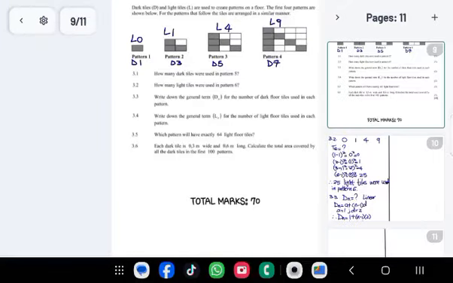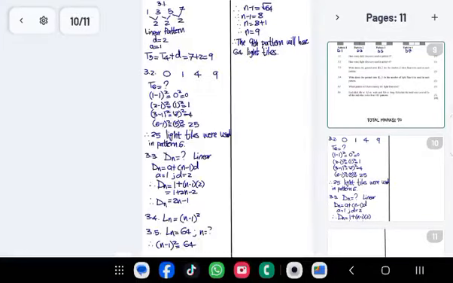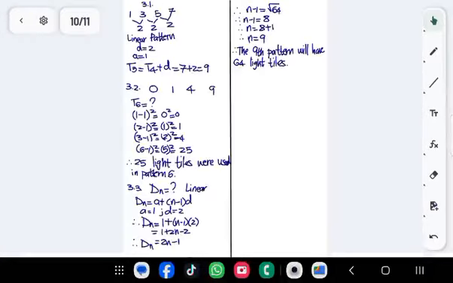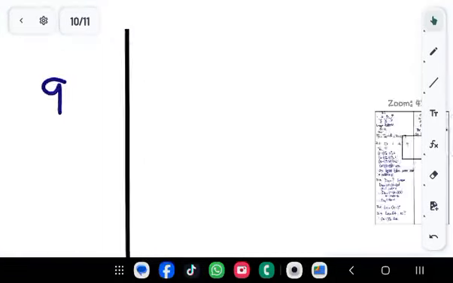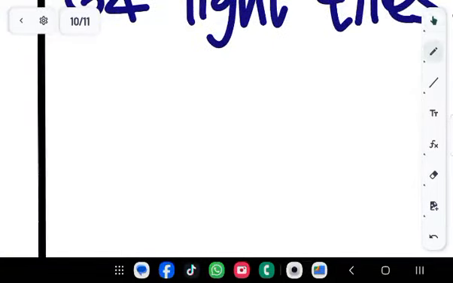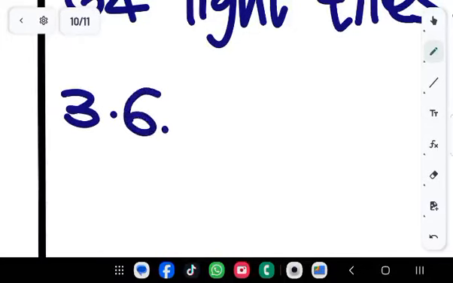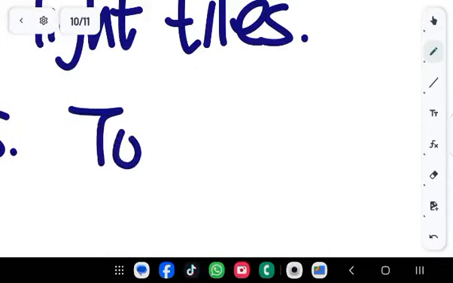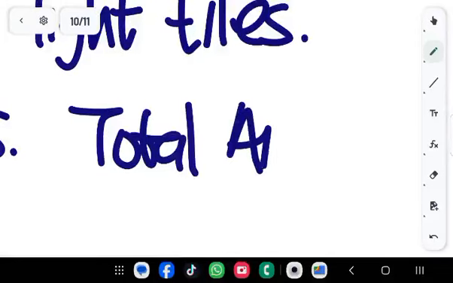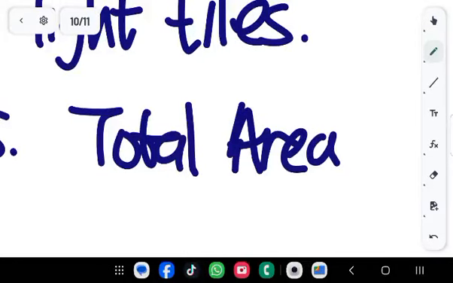So, looking for D100 first. Each tile has a length of 0.6 meters and a width of 0.3. So this is 3.6, the total area of duct tiles.